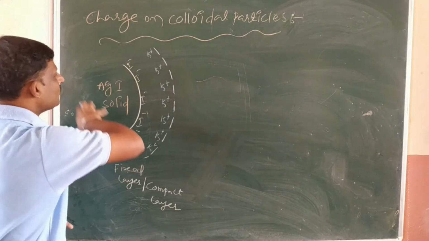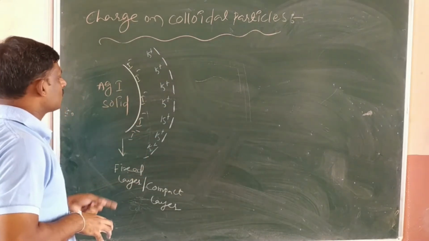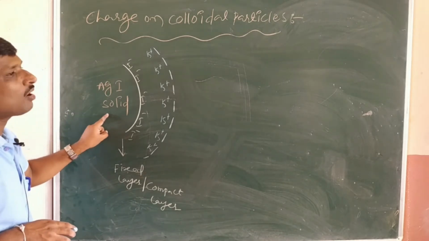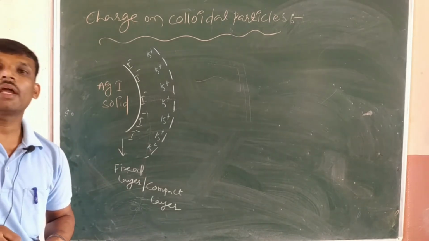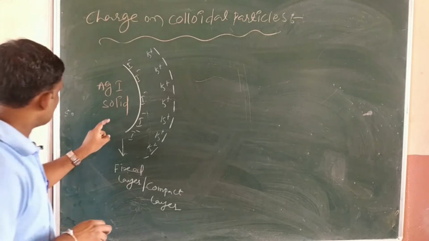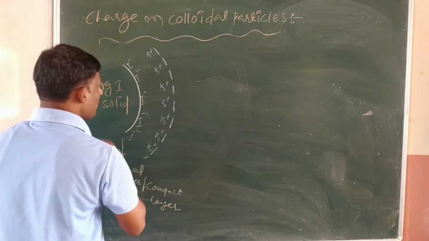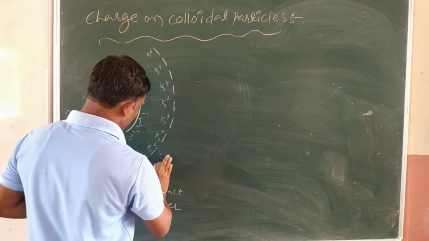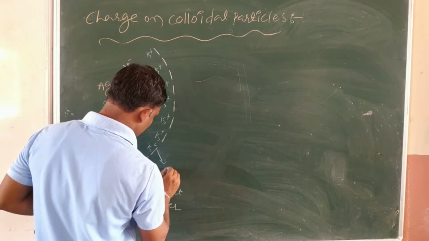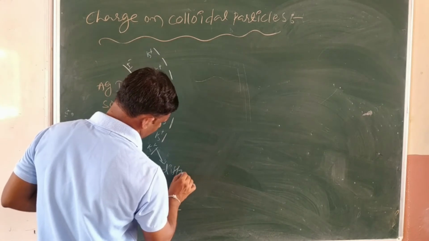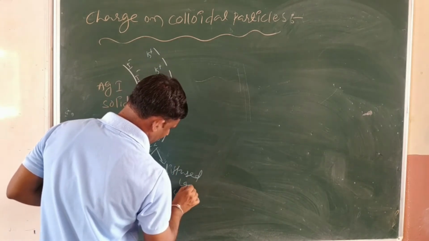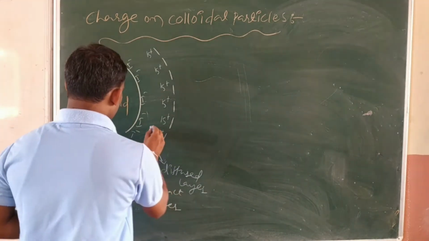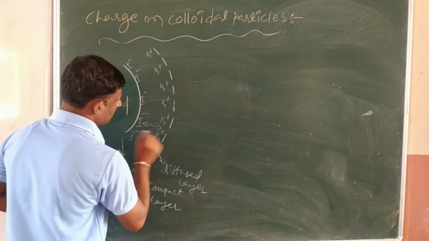The combination of these opposite layers around the sol is called the Helmholtz electric double layer. This outer one is the diffused layer.